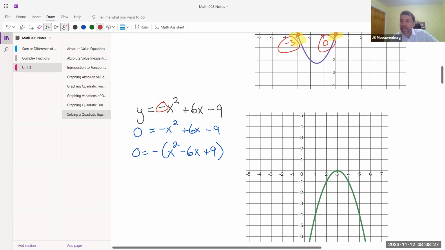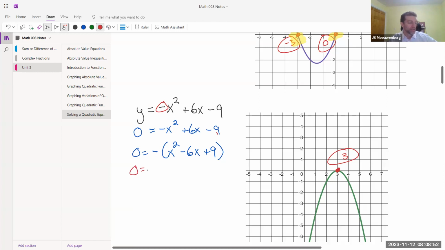But when you start to look at the x-intercepts, the zeros, it only touches that x-axis in one spot. It's one of these parabolas where the vertex is actually on the x-axis. And so the only solution to this, the only x-intercept, is at x equals 3. Let's see if we can confirm that through this factoring.